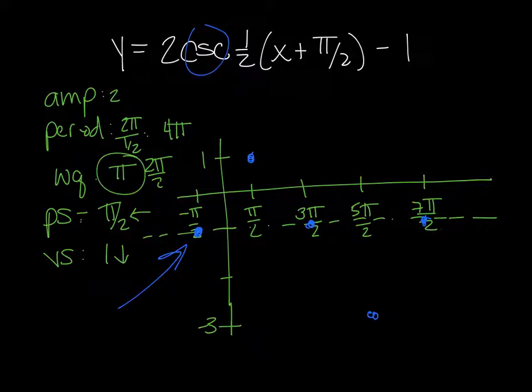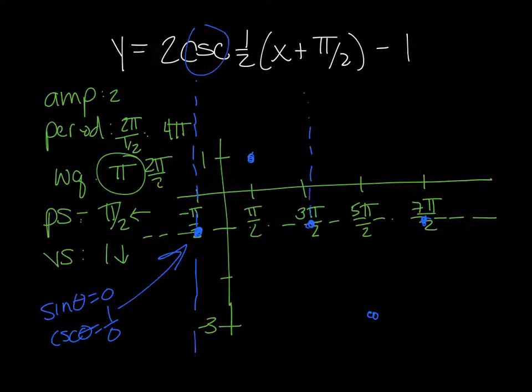Let's say that we're on the regular axis. What that means is that sine at that angle is 0. So cosecant at that angle would be 1 over 0, which we can't have, it's undefined. So we have to put an asymptote. Wherever sine crosses the axis, or cosine for that matter, then for the reciprocal we're going to put in an asymptote.